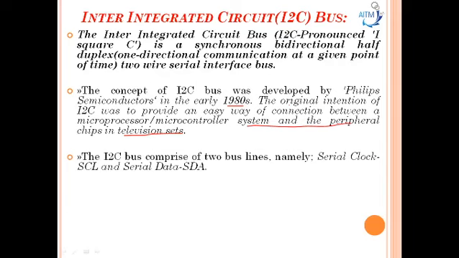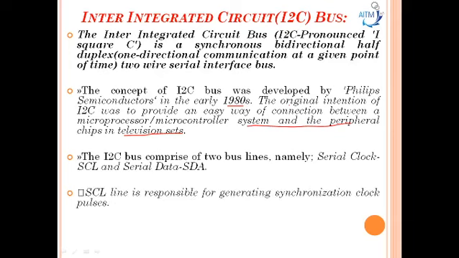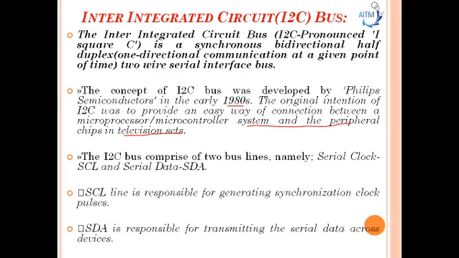The I2C bus comprises two bus lines, namely the serial clock line and the serial data line. So these are the two bus lines found in I2C. The SCL line is responsible for generating synchronization clock pulses, and SDA, that is the serial data line, is responsible for transmitting the serial data across the devices.